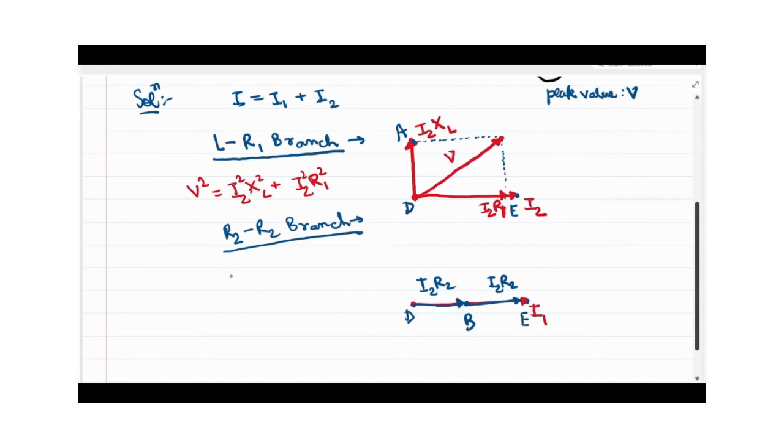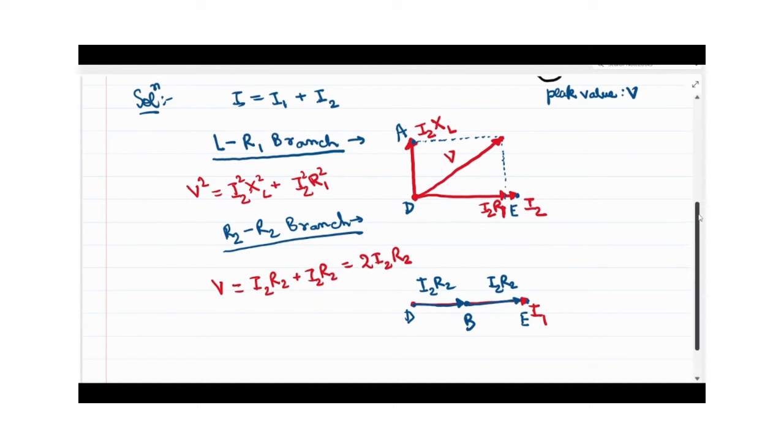So obviously you can say V again, because the net potential difference will be a simple addition, as the phasors are in the same direction. Like how we add vectors in the same direction, it's a simple addition, I1 R2 plus I1 R2, which makes it 2 I1 R2, right?